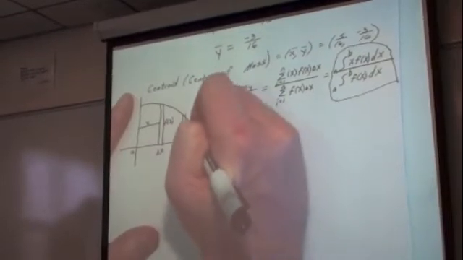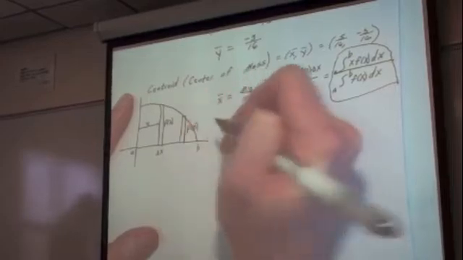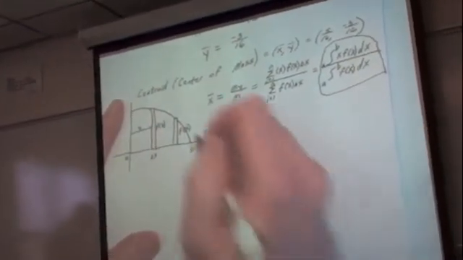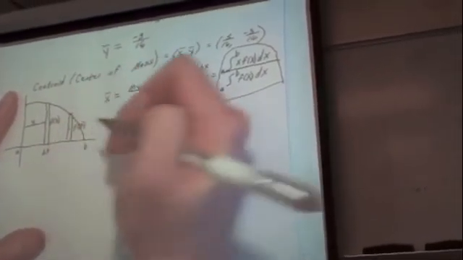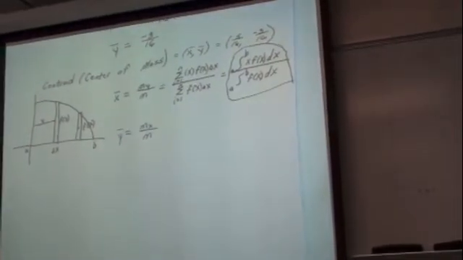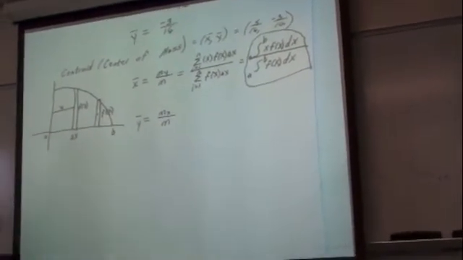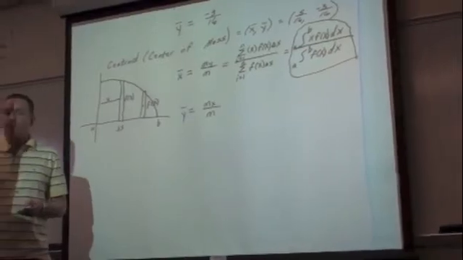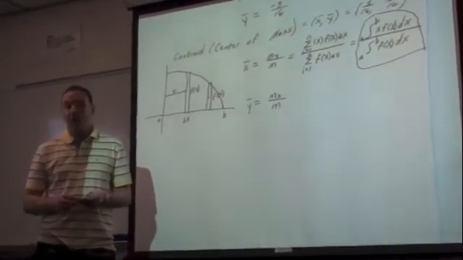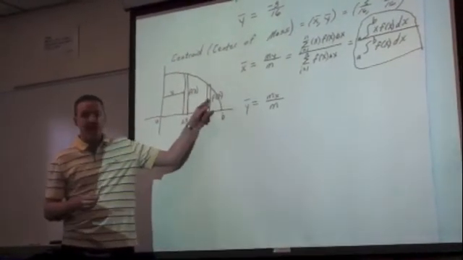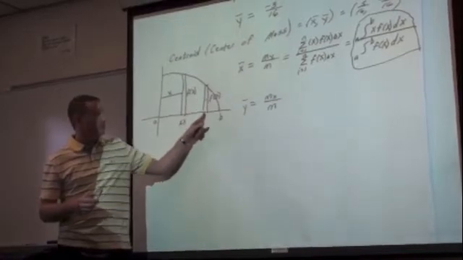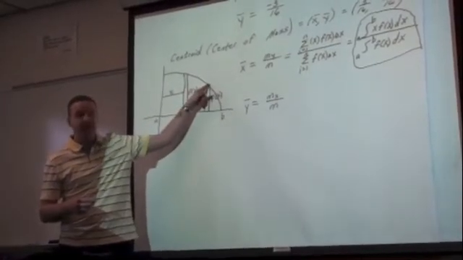Again, its height is going to be f of x. But the y value is going to be the distance from the x-axis. And here's the tricky thing. The most representative y value within this rectangle is going to be half the f of x function.